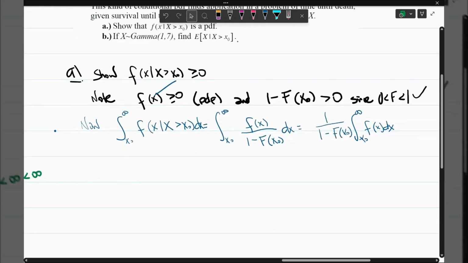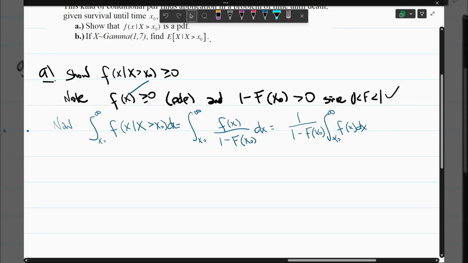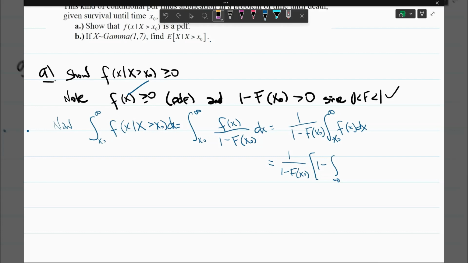Okay, but if you pay attention, realize what's going on. This is 1 over 1 minus F of x naught times 1 minus the integral from negative infinity, or in this case 0, since we know it's supported on the non-negative real numbers.